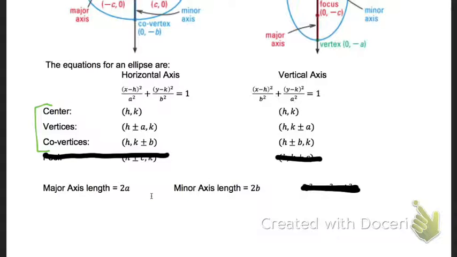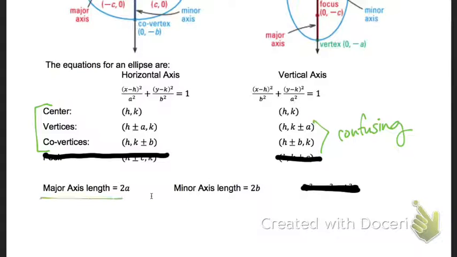I just think that they get a little confusing. So I'm just going to put confusing next to it, because I don't want you to memorize it. I want you to think my center point is at (h, k). Then depending on if it's horizontal or vertical, I'm going to go up, down, left, or right that many points. It'll make more sense once we start doing some examples.